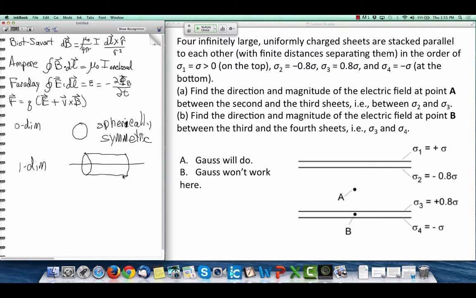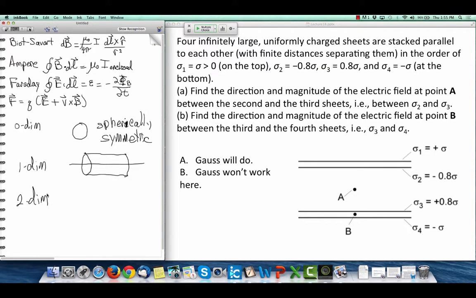Because it's an infinite line of charge, it has axial symmetry around that axis, around the line itself. If you rotate it around the line, you get exactly the same picture, and so the appropriate Gaussian surface is a cylinder centered on the line, so it has the same rotational symmetry.